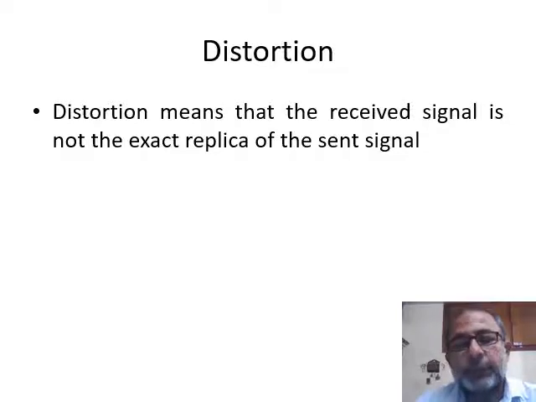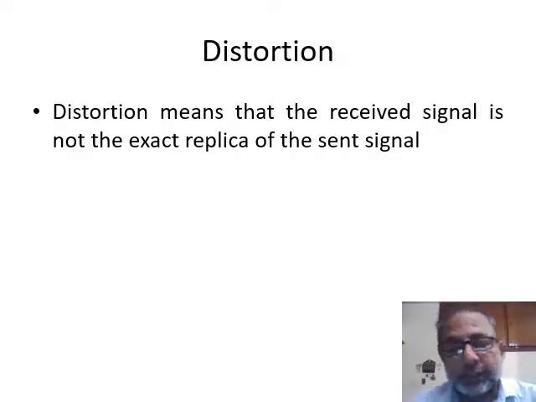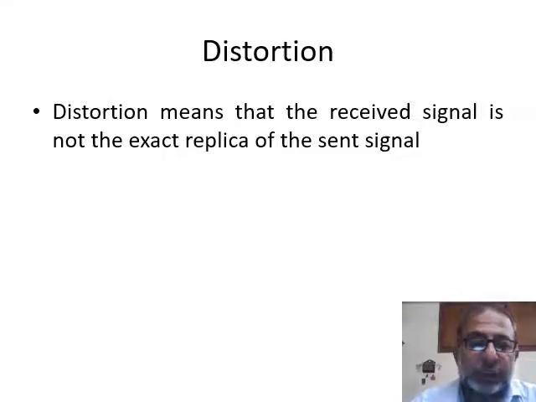That may be due to the frequency response, or the variable delay of the channel, or it might be due to some noise, or it might be due to the non-linear performance of the electronics on the transmitter side or on the receiver side, which causes echo and singing.